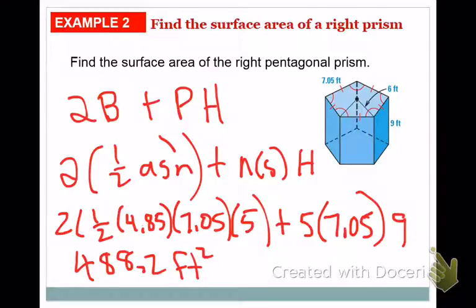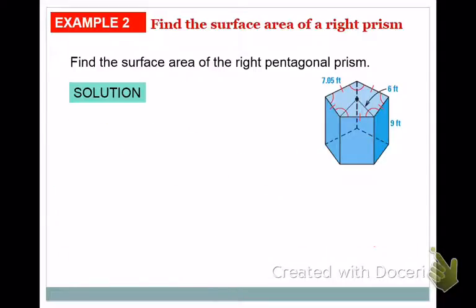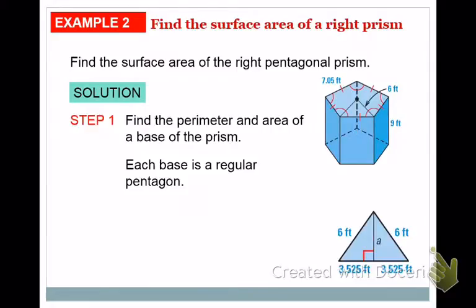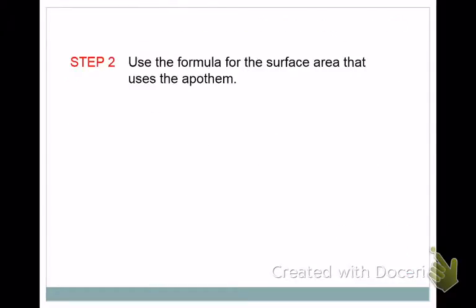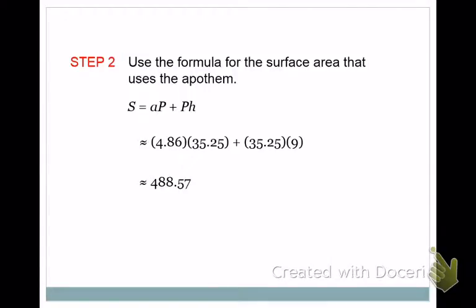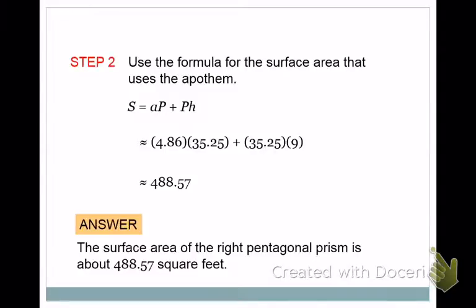So perimeter times height is just shortening adding up all the faces. Okay, they rounded it a little bit differently than we did, but okay.